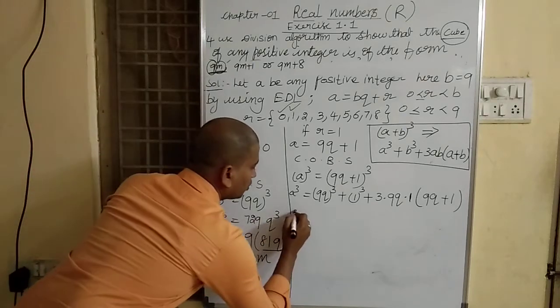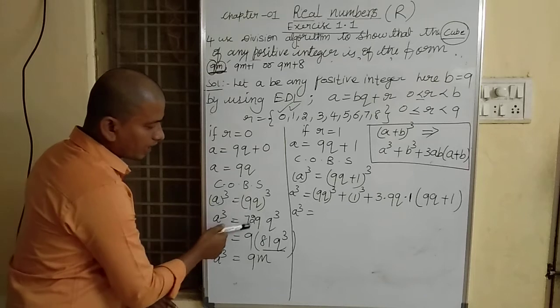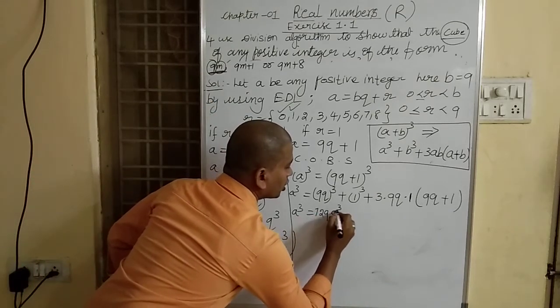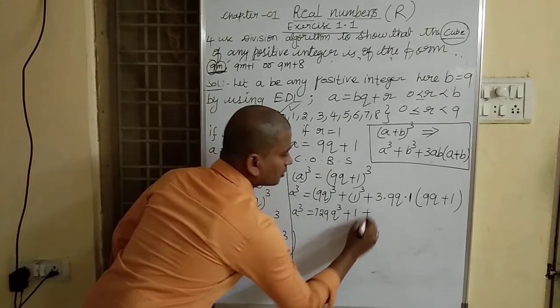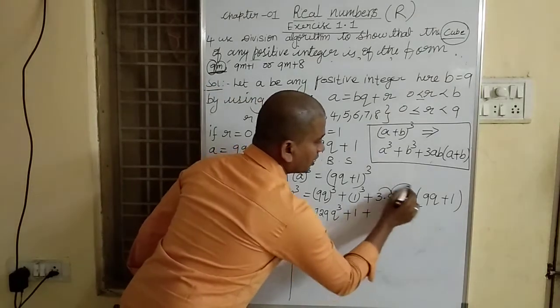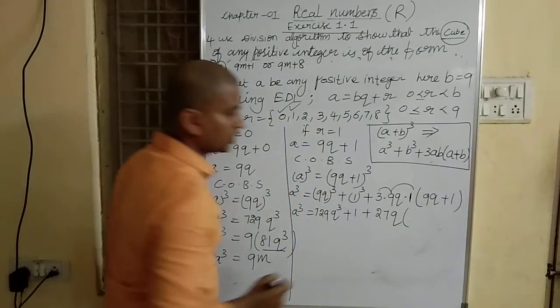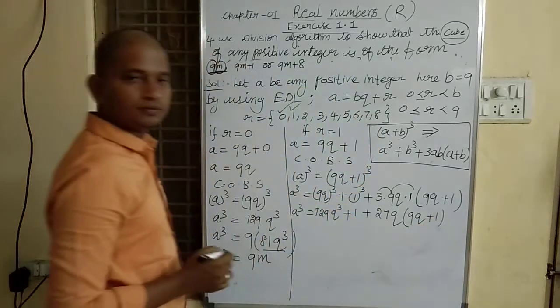So a cube equal to 9 cube, as we know, 729 q cube, plus 1 cube, value 1, plus 3 nines are 27, 27 q into 9q plus 1.